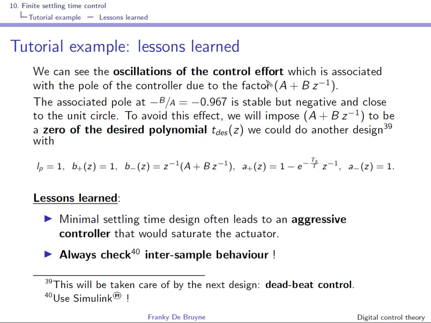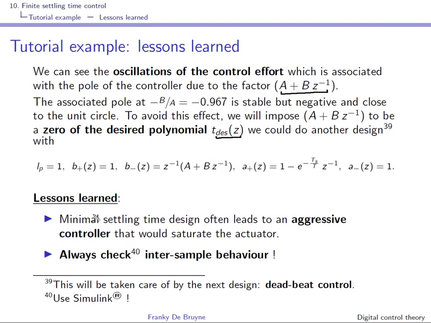The oscillations in the control effort and the hidden oscillations in the closed loop response are coming from the factor that is here in the denominator of the controller, and it comes from the zeros of the process, and this zero is here very close to z is equal to -1. So we'll see in the next method, deadbeat control, which puts all zeros of the process in the desired polynomial, that you can, well, improve on this situation.